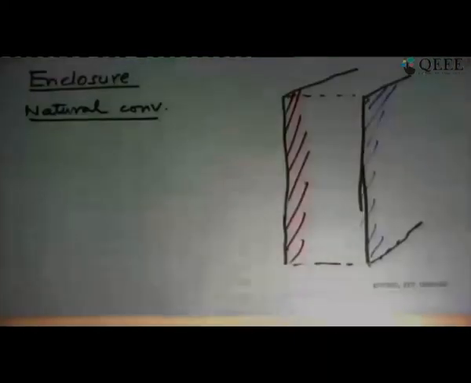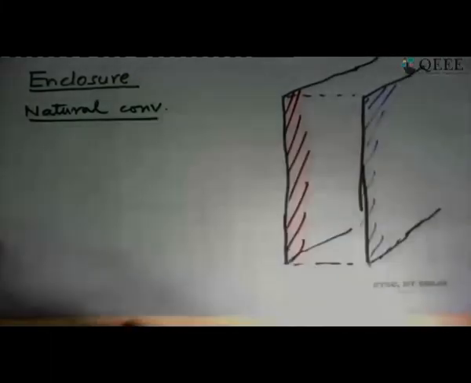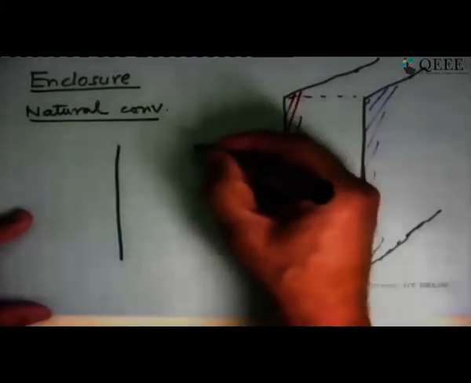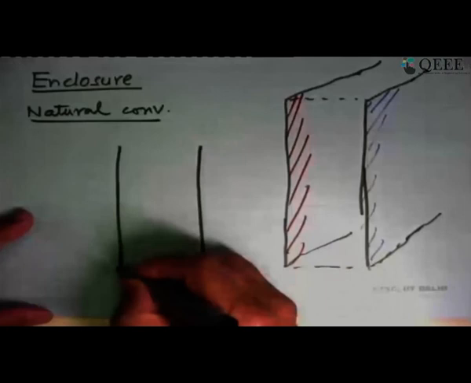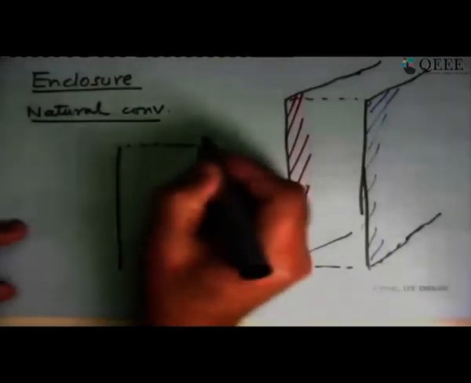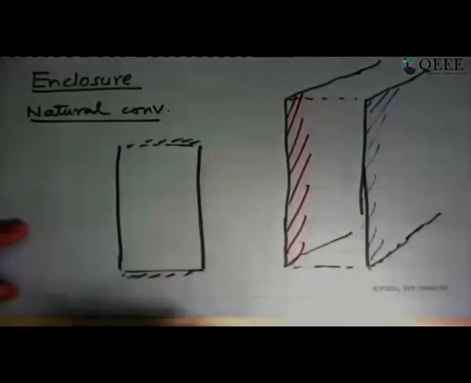The fluid is now completely enclosed between some surfaces, and the simplest case is two large parallel plates facing each other, and that's what I have drawn here: this is one plate and this is the second plate. So if you look at the edge view, I have one plate there and one plate over there. One can say that the upper part is adiabatic and insulated. This part is also adiabatic and insulated.